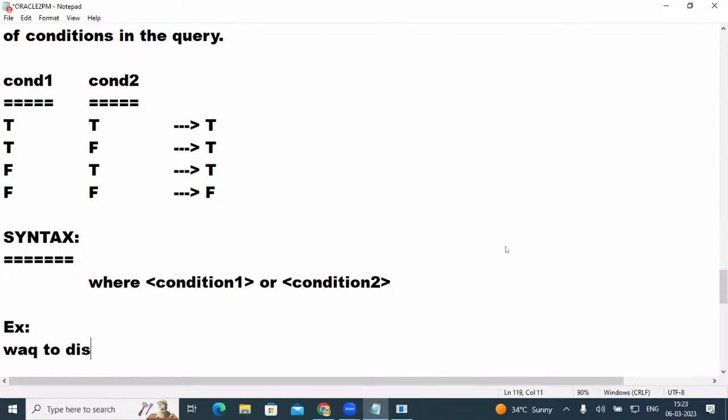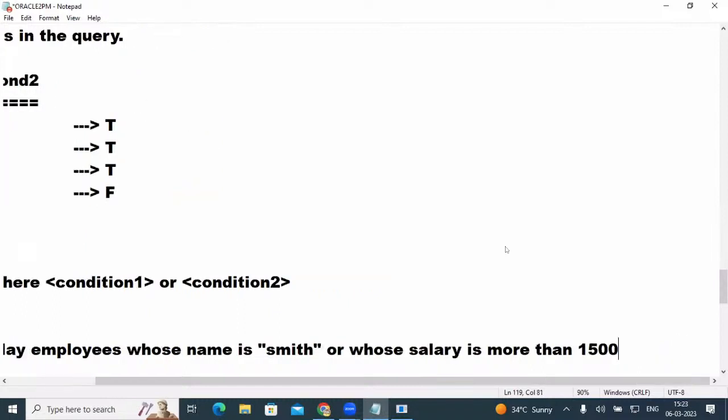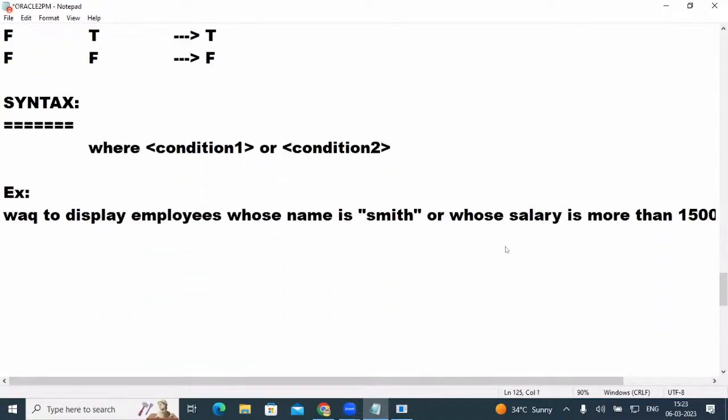Write a query to display employees whose name is equal to Smith, or whose salary is more than 1,500.